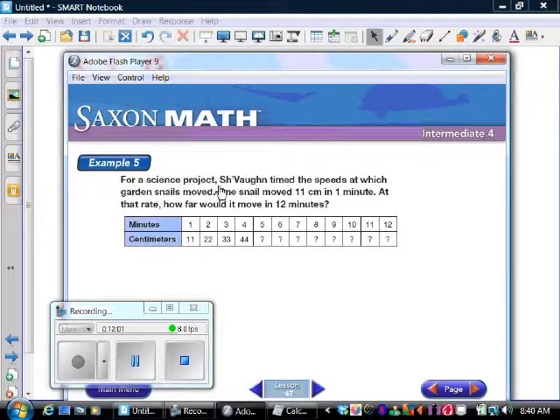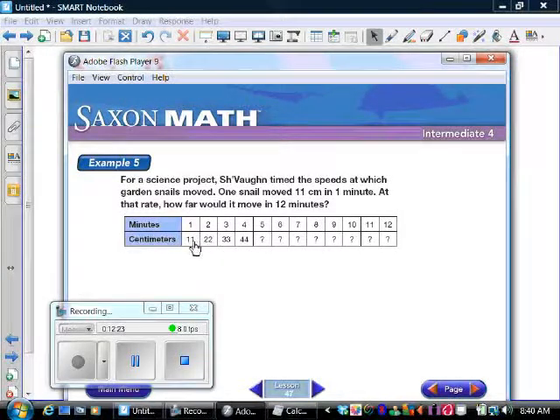Okay, for a science project, Siobhan timed the speeds at which garden snails moved. One snail moved 11 centimeters in 1 minute. And at that rate, how far would it move in 12 minutes? So they made a table here showing minutes in centimeters. 1 minute, 11 centimeters. 2 minutes, 22 centimeters.